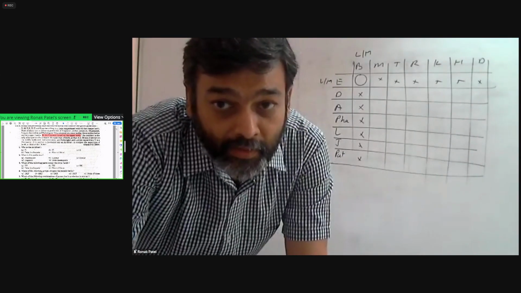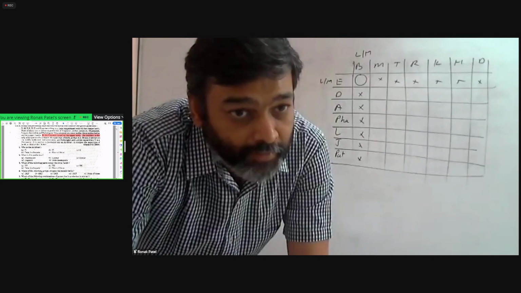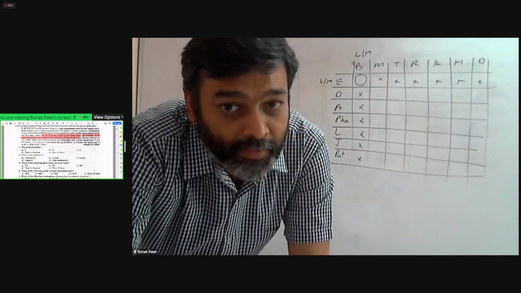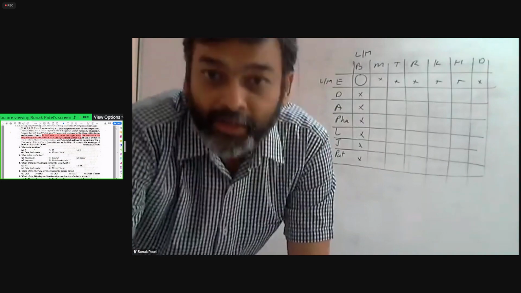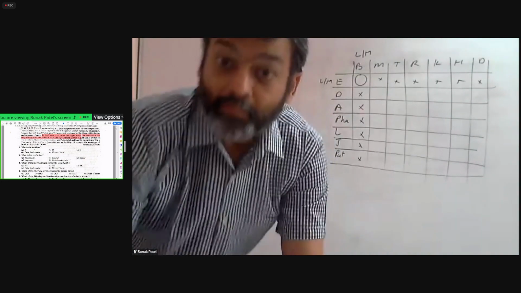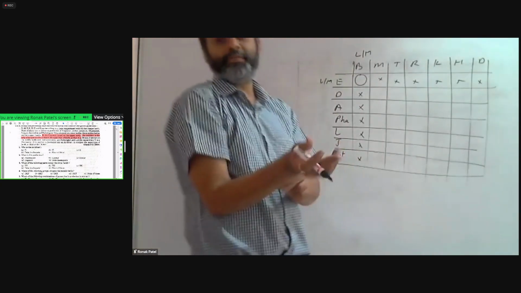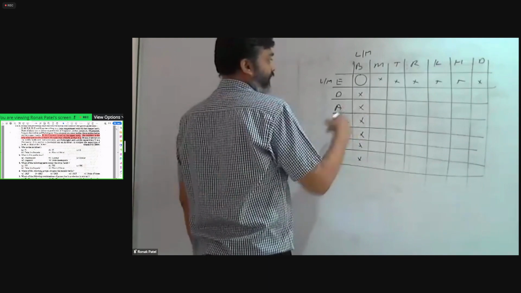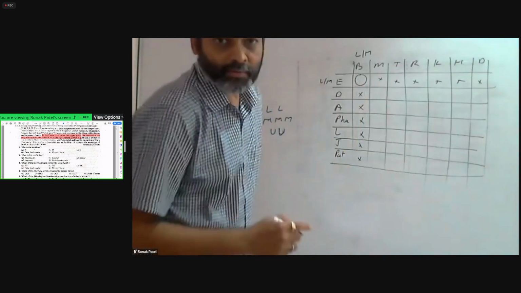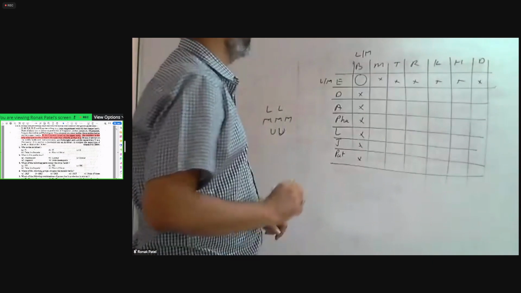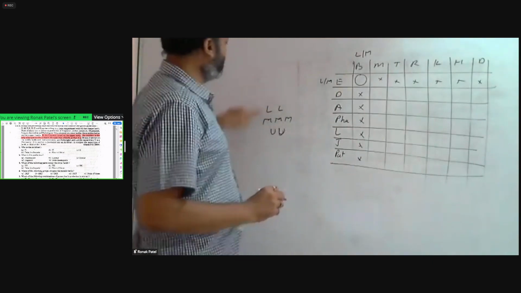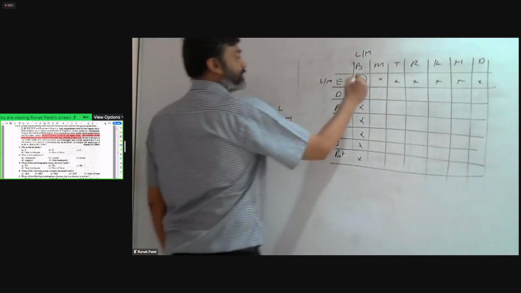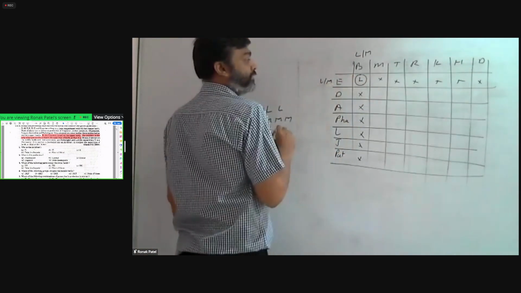That means B and the architect are both in the same berth, and B is not the architect. Now lower and middle are the two. Middle has 3 berths and lower has 2 berths. That means B must be in a lower berth. It cannot be in a middle berth.